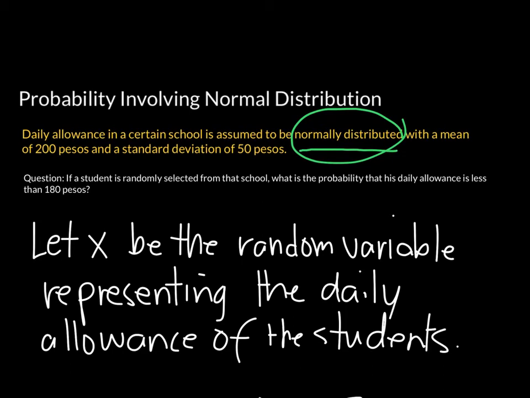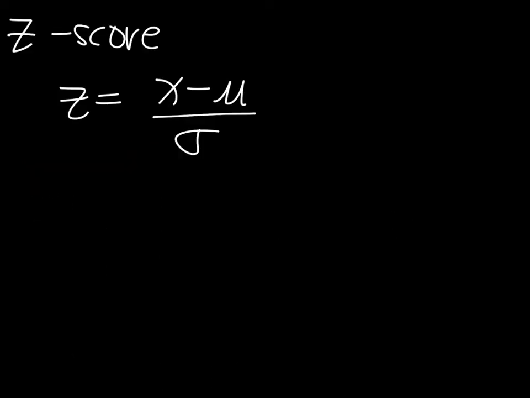It says that the mean is 200, so that's our mu, and the standard deviation is 50. So we know that mu is equal to 200 and the standard deviation is equal to 50.